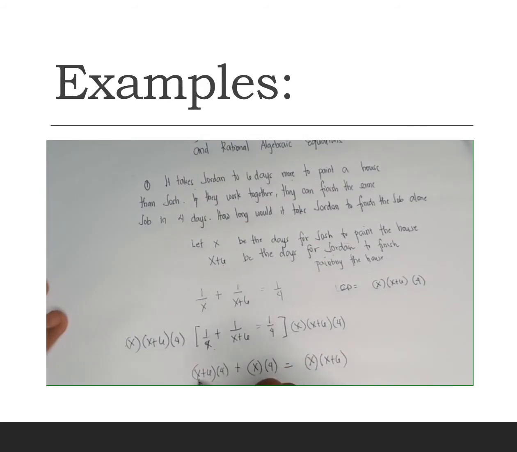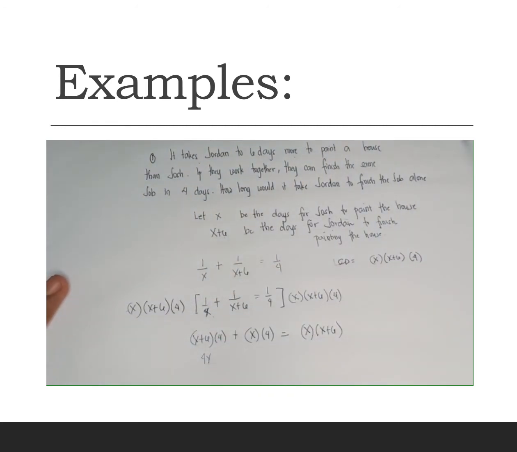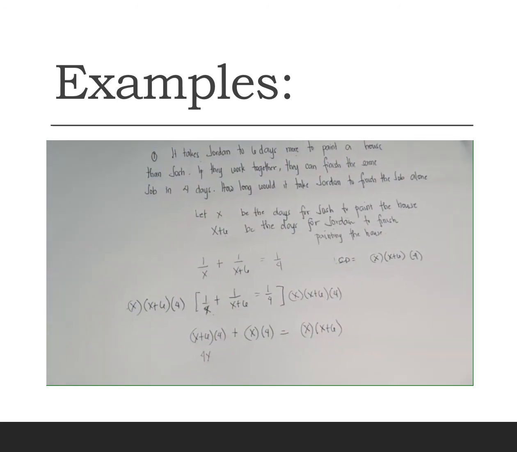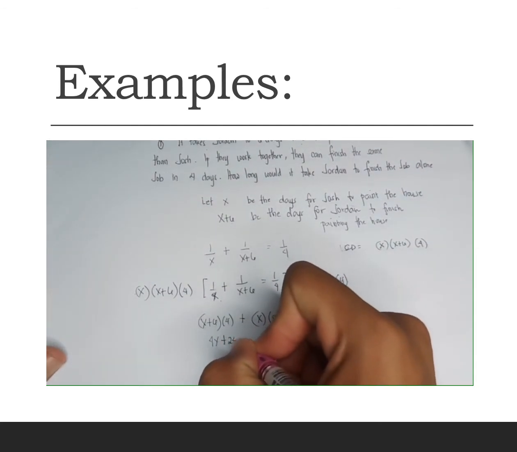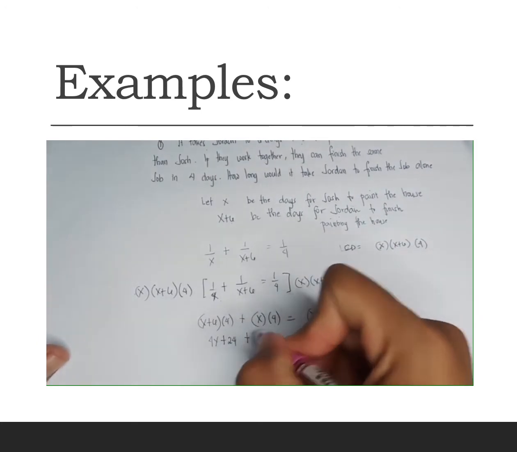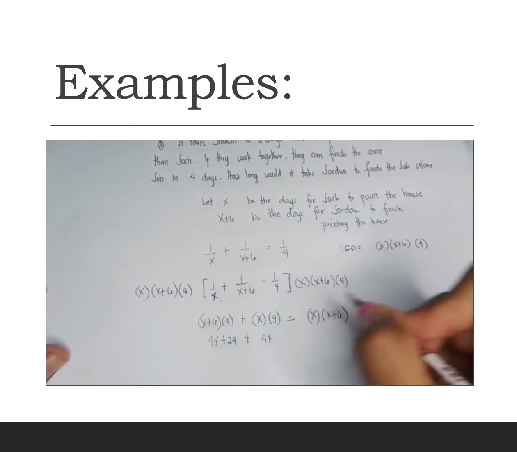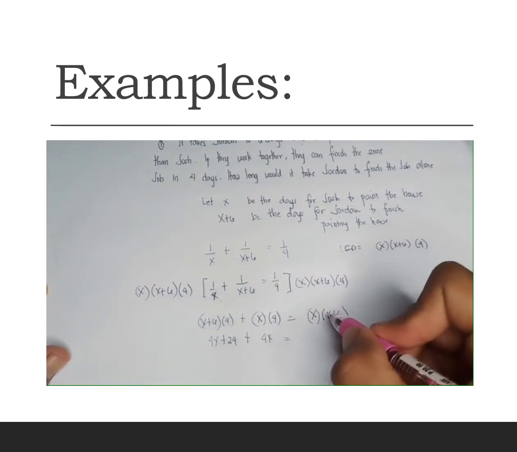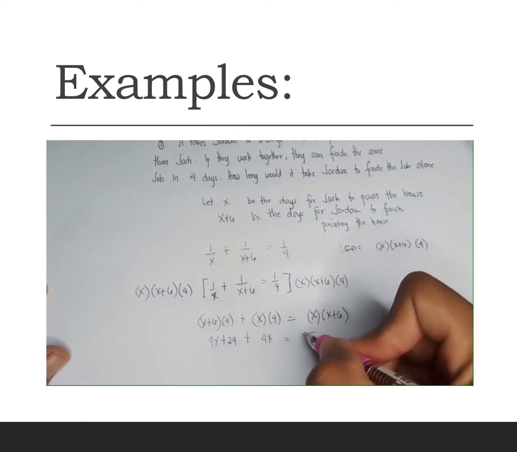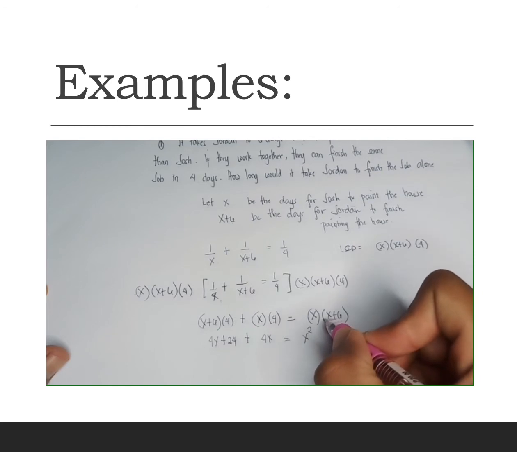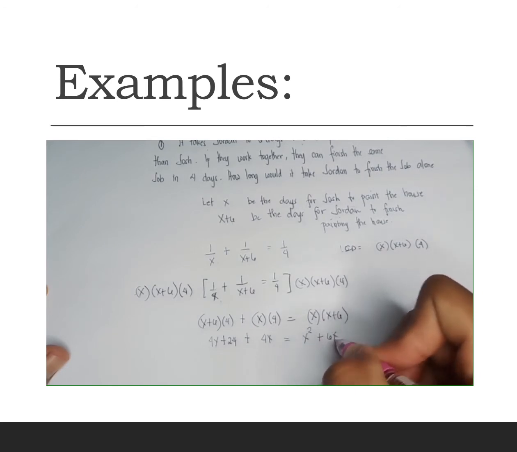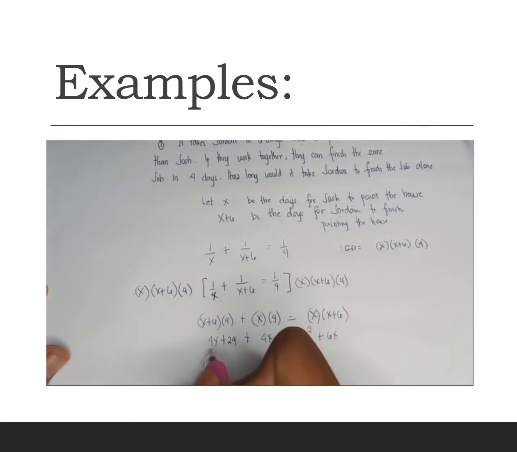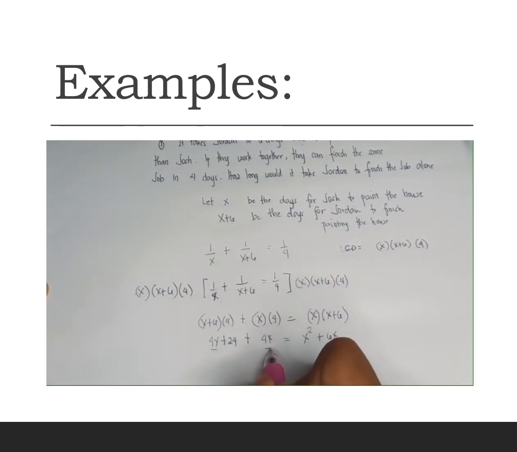On the resulting equation, we have to simplify. So 4 times x is 4x. 4 times 6 is equal to 24, plus 4 times x is 4x, which is equivalent to x times x, x squared. X times 6 is positive 6x. Combine the common terms. What are the common terms? 4x and 4x.